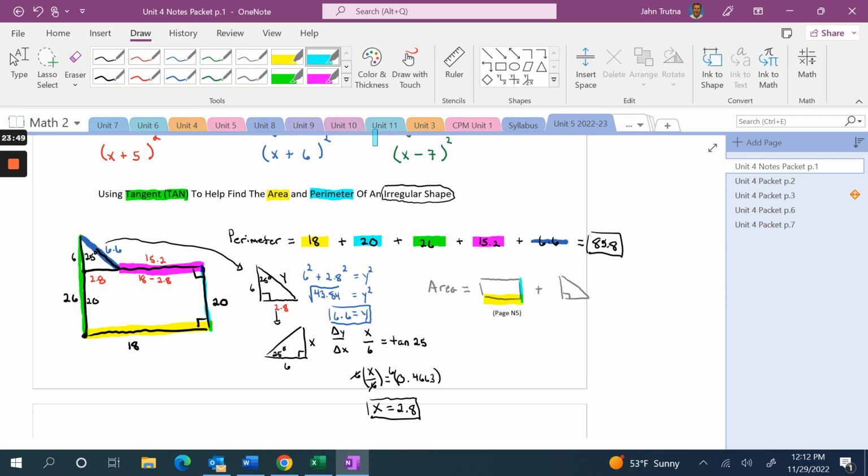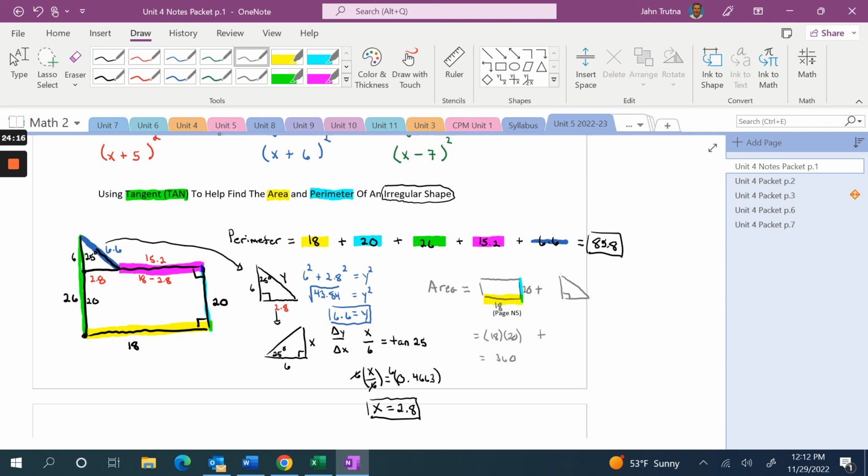The right side is the blue. The yellow part has a length of 18. The blue part has a length of 20. And to find the area of a rectangle, you go base times height. So that would be 18 times 20, which is 360. So that's your area of your rectangle.